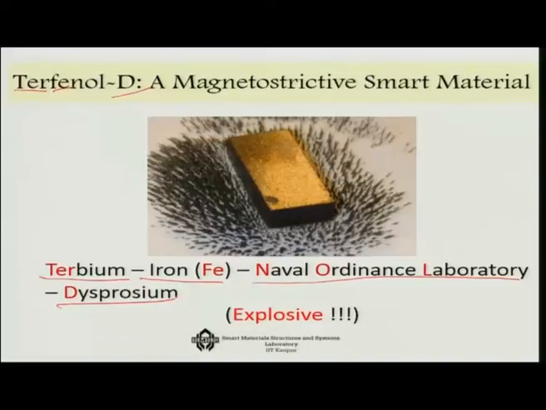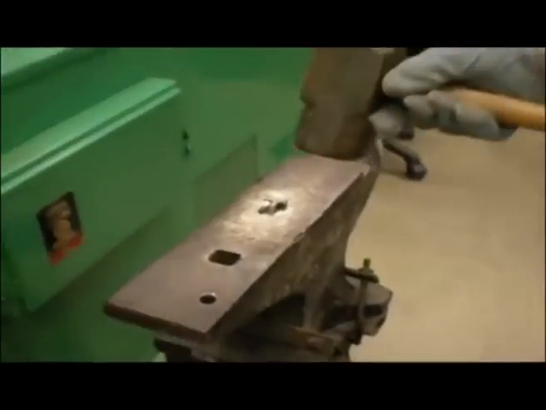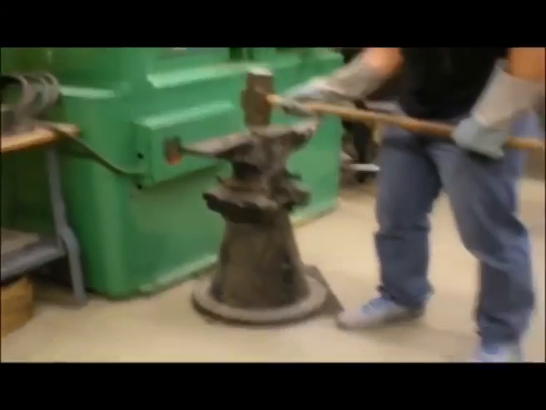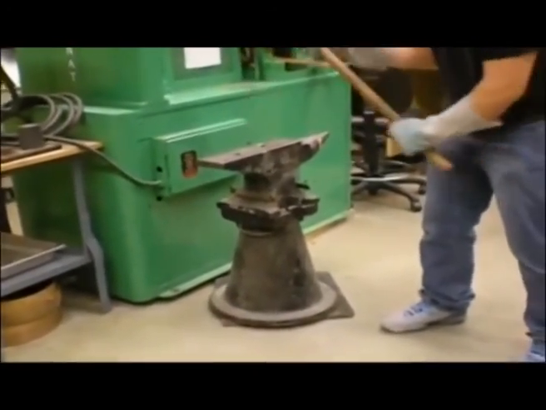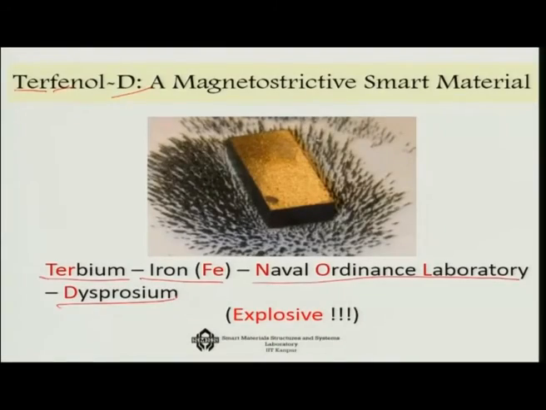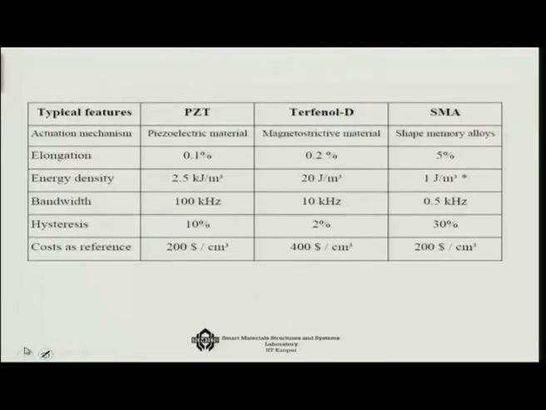It looks very shiny, and in fact it is very explosive. So here is a small video in which you can see that if you hit this magnetostrictive material with a hammer, it releases a huge amount of energy. So that's basically the energy density, which is very high in these magnetostrictive materials.